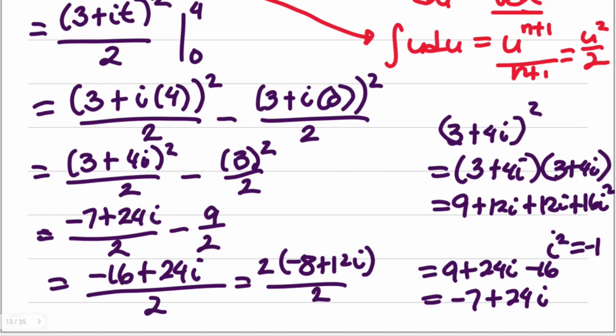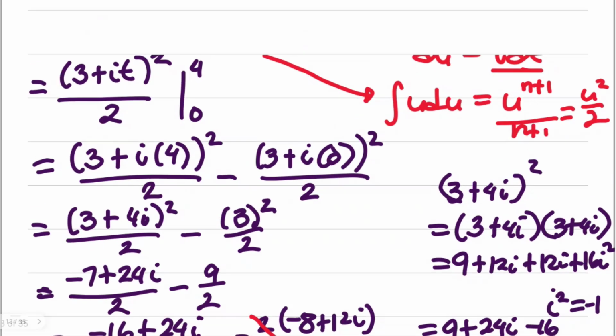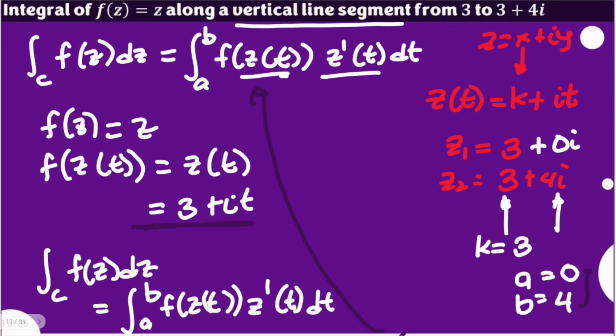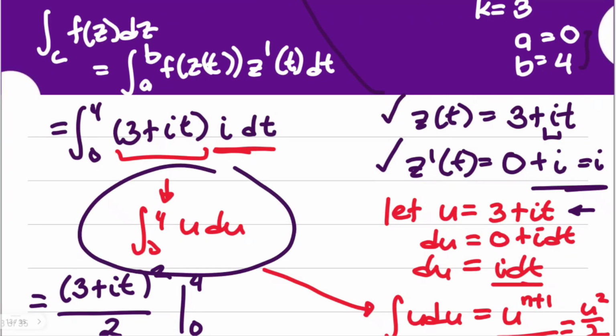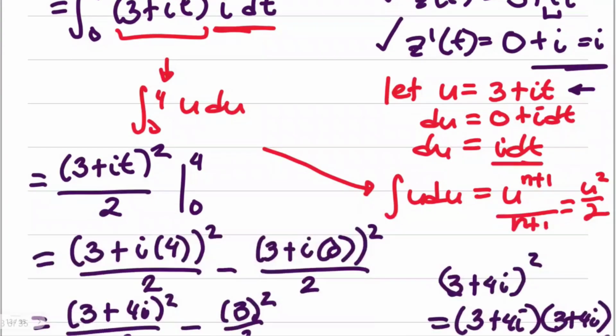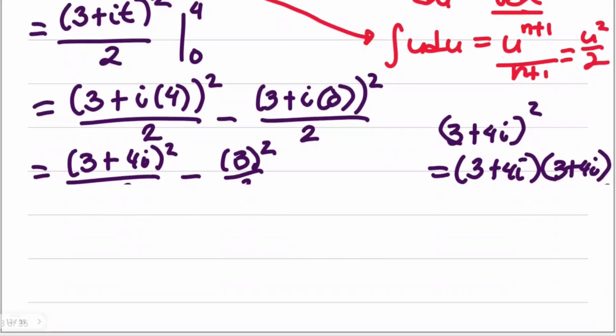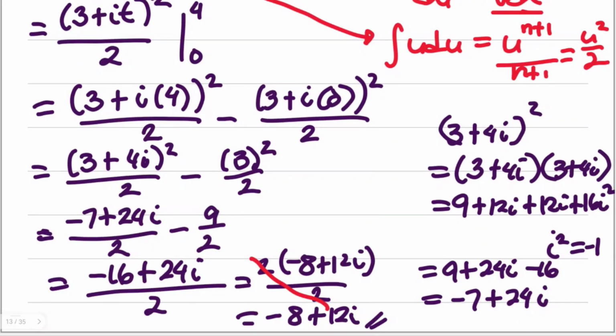So canceling that, your final answer is actually negative 8 plus 12i. This is the integral of the given function along the vertical line segment, using the parameterization of that, using all of these processes and this idea here. Again, you can continue doing what I did earlier. I believe you will still get the same answer, and hopefully you will still get the same answer as mine.